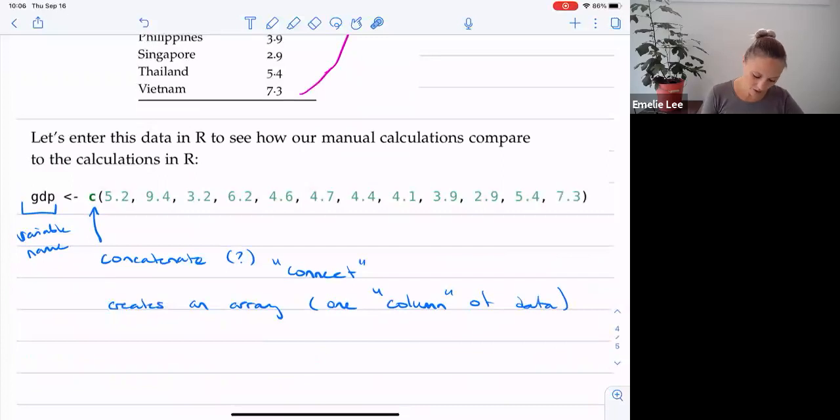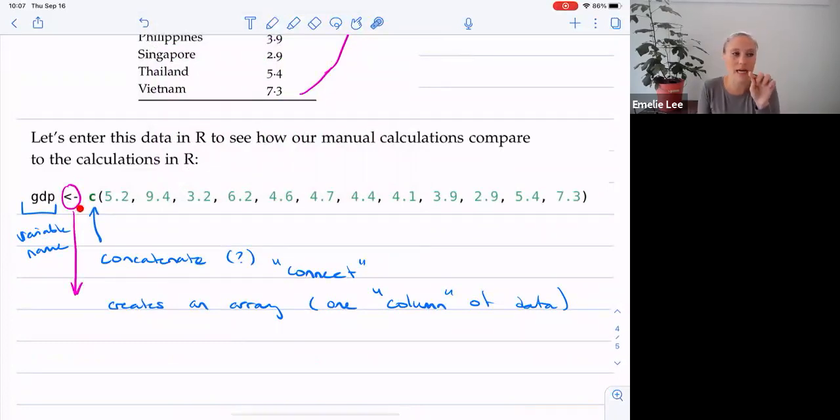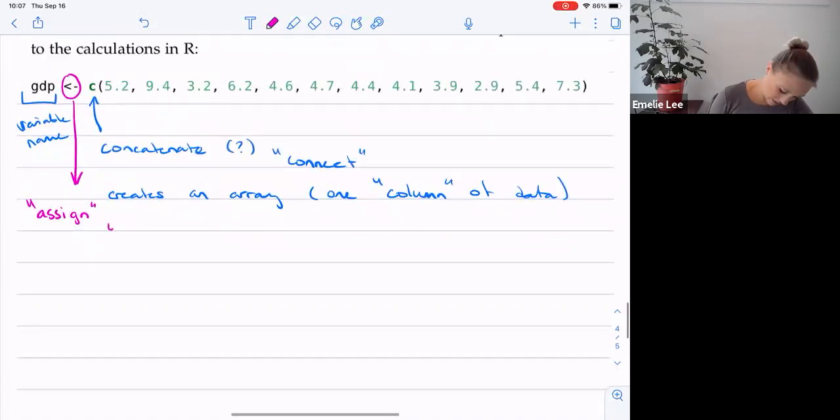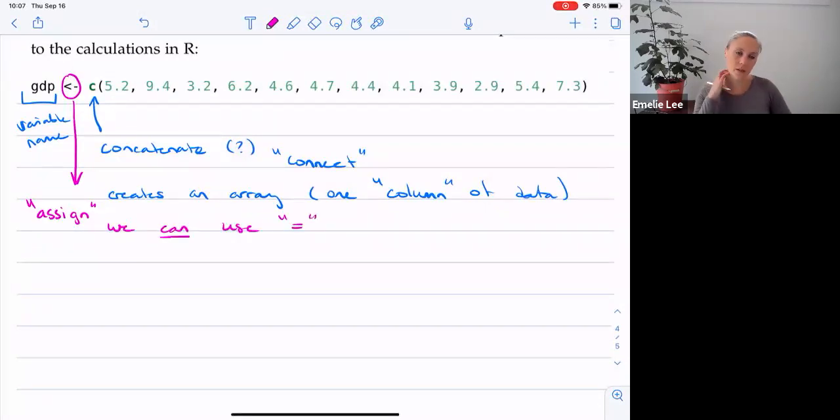Okay, so far, not bad. Oh, we didn't talk about this arrow. This is a less than sign followed by a dash, and it just means assign. We can use equals as well, and I'm old and grumpy, so I usually just use equals.